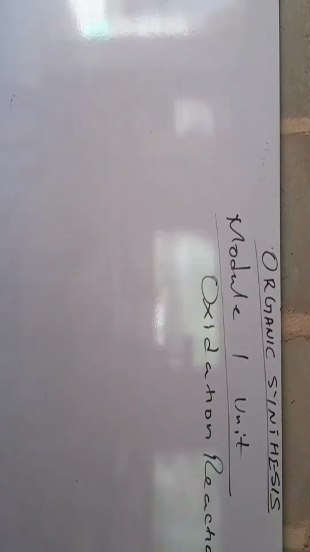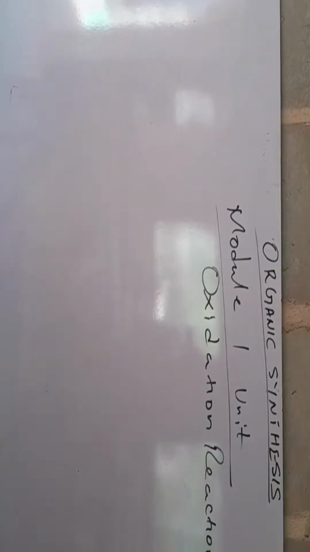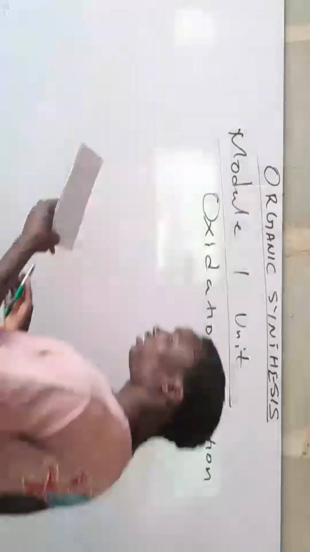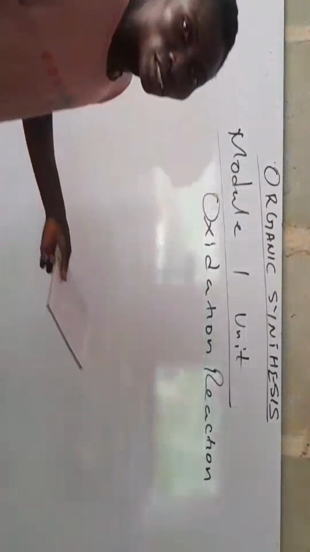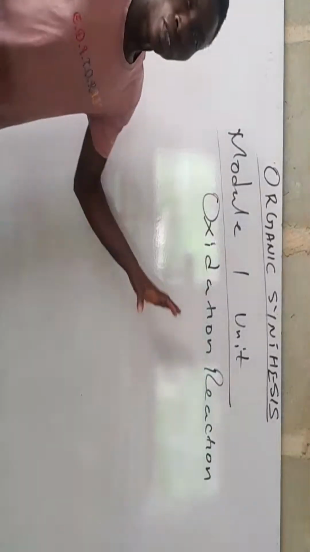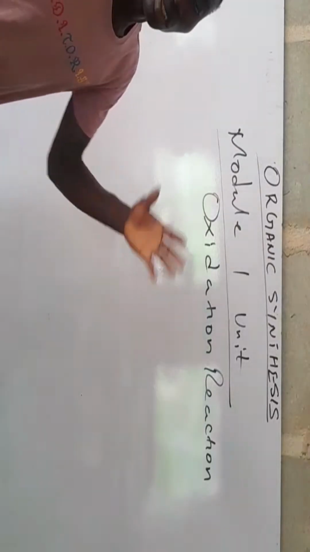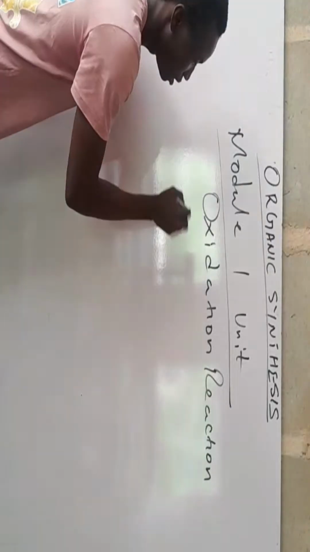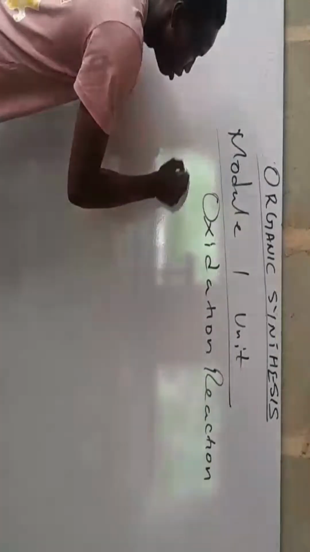Okay, oxidation reaction. That is exactly where we are going to start from this morning. Now, when we're talking about oxidation reaction, there are different reactions, the definition of oxidation reaction. We are conversant with oxidation.